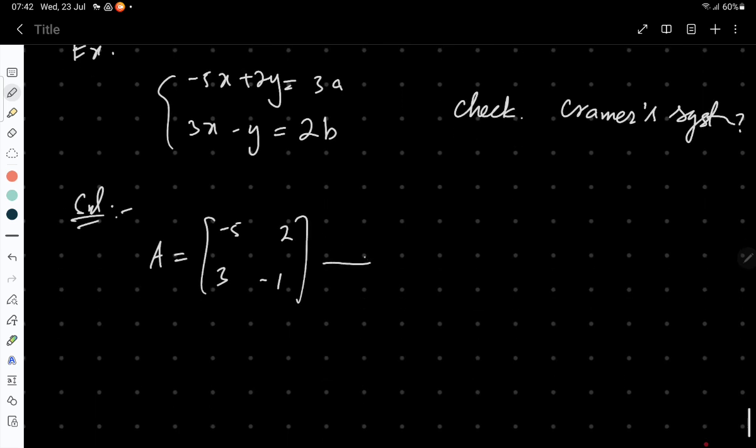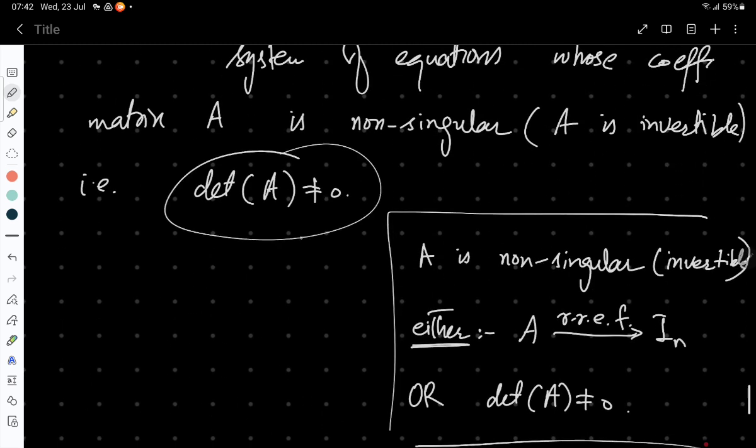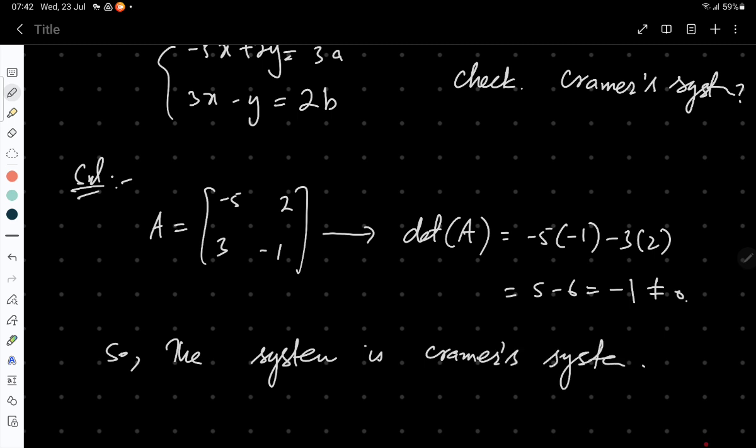So I have to check the determinant of A. The determinant is negative 5 times negative 1, minus 2 times 3, so this is 5 minus 6, which is minus 1. Since a non-zero determinant implies the system is a Cramer system, and this determinant is non-zero, the system is a Cramer system.